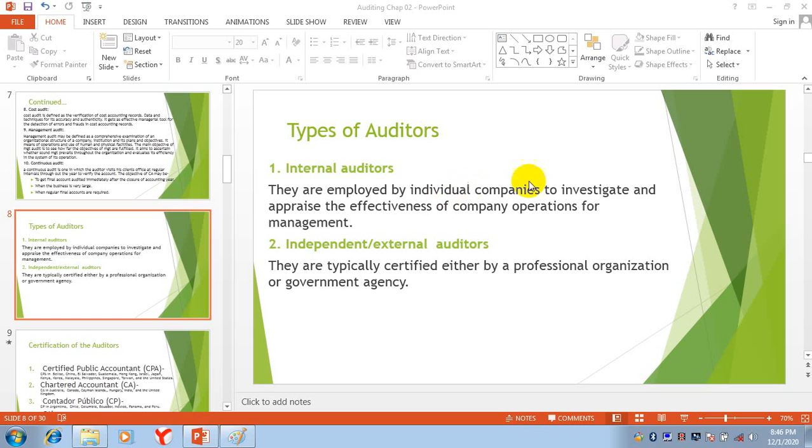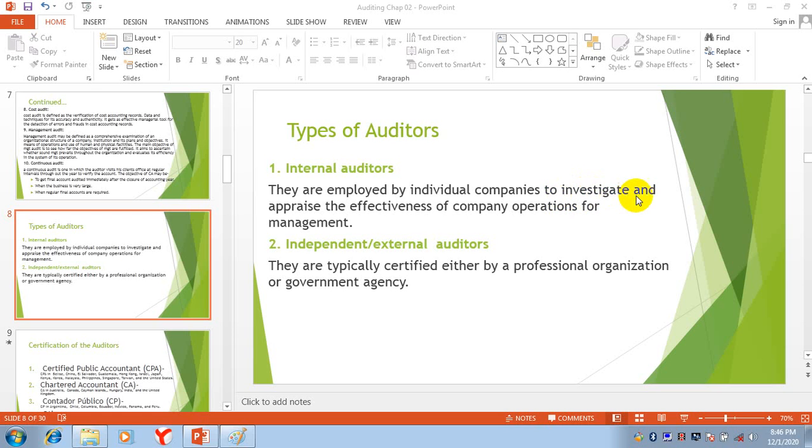So the internal auditor is simply hired and employed by the organization, the company, and their aim is investigation, checking whether there is no error and fraud, and the accounting policies they followed.